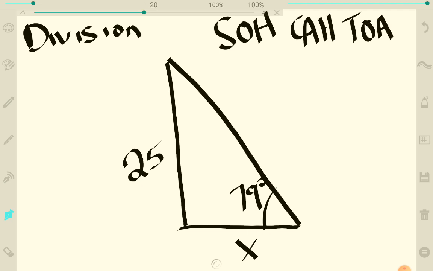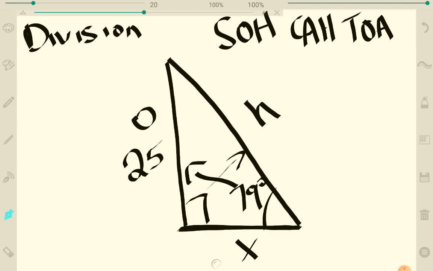And next, we label our sides from the angle. Across from this would be opposite. Across from this 90-degree angle would be hypotenuse. And adjacent to this side would be adjacent.